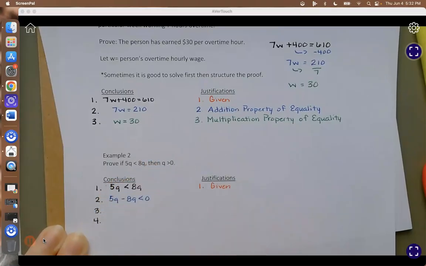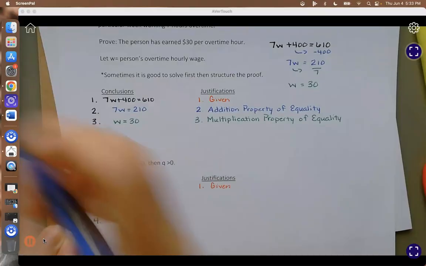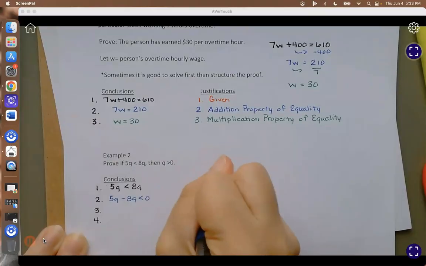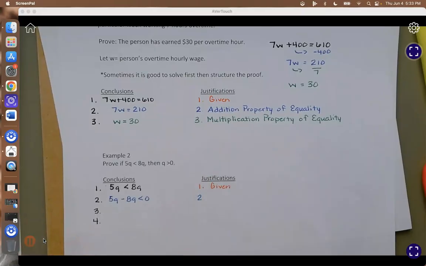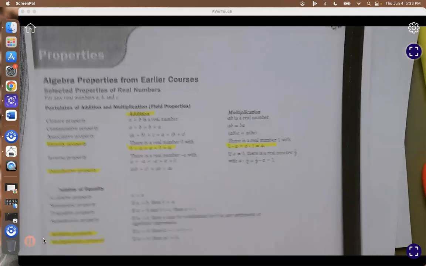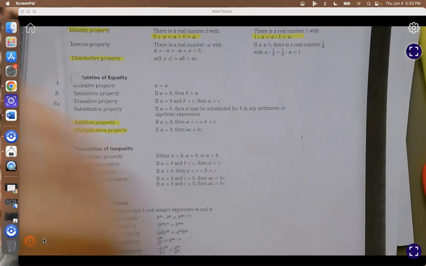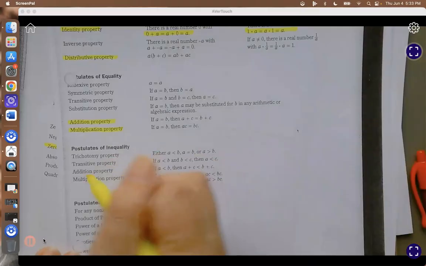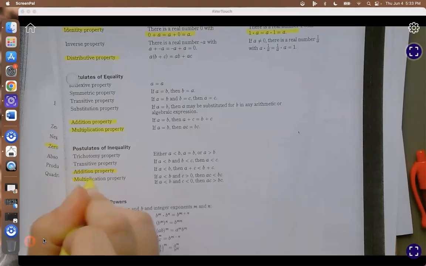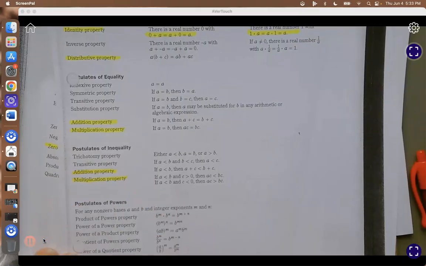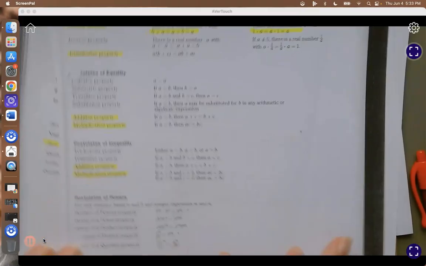So what did I do? And if you look, you also had, give me just one second, let me go back. Here we have, you want to highlight these as well. Sorry about that. This is an inequality problem. So we have the addition property of inequality and multiplication property of inequality. So make sure you highlight those two.